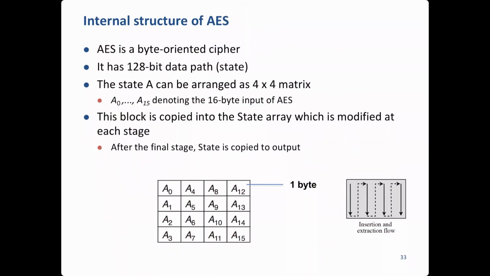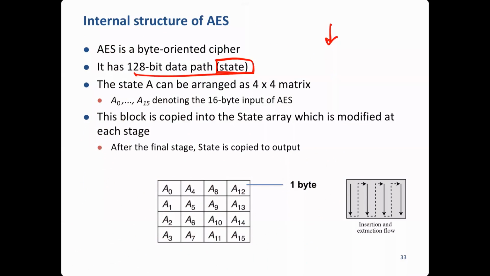Now the data that is 128 bits, because the data size or block size remains constant, we call this the state. It means this data keeps moving down and the state keeps changing.